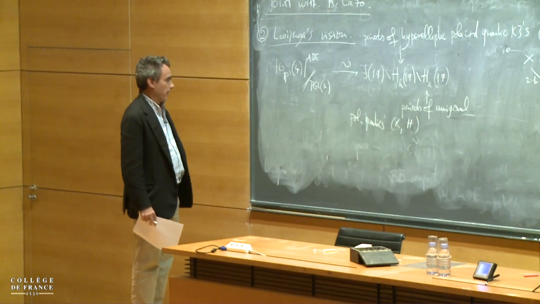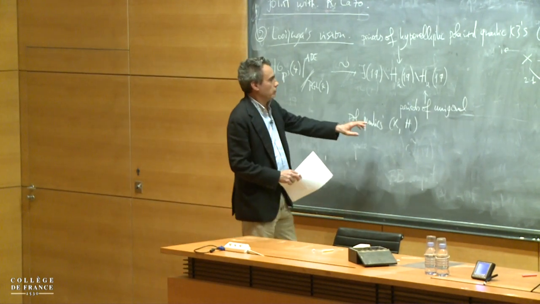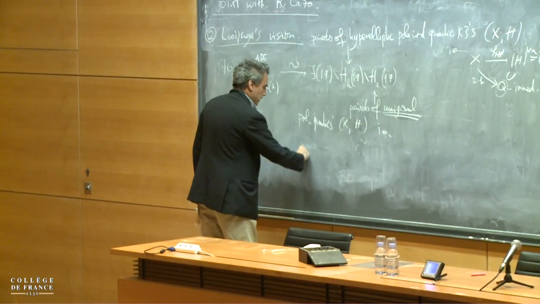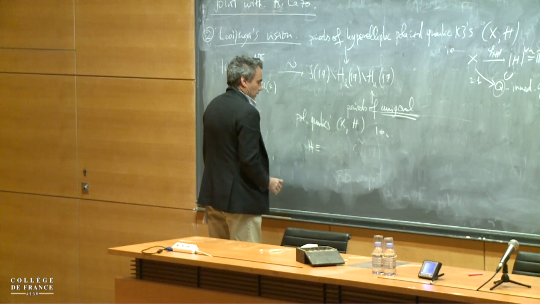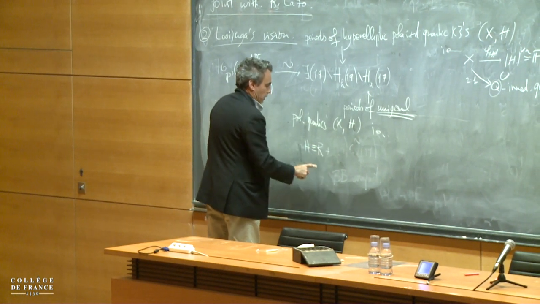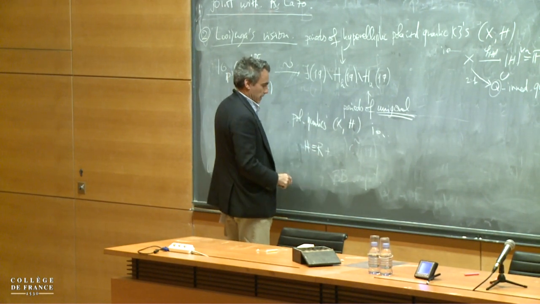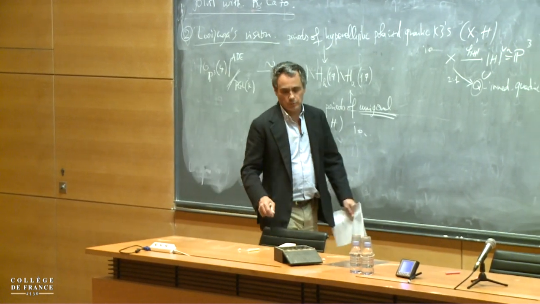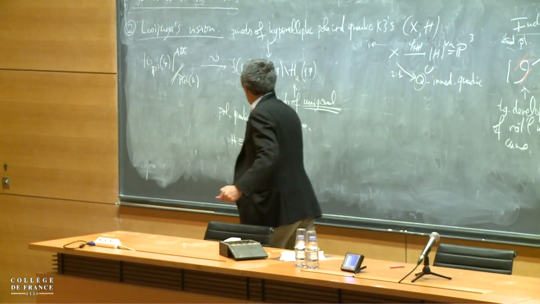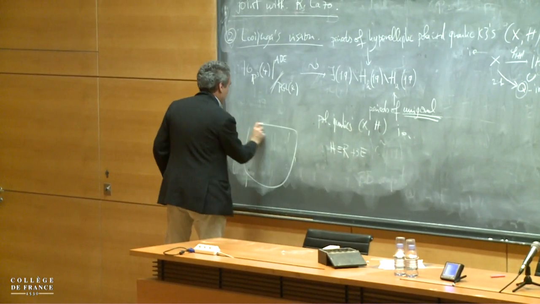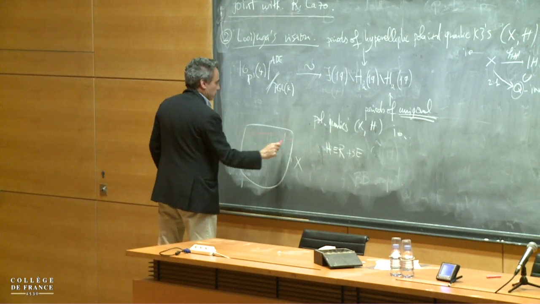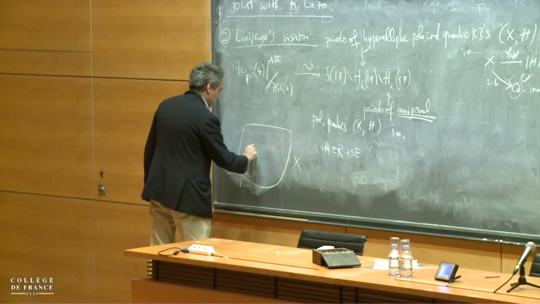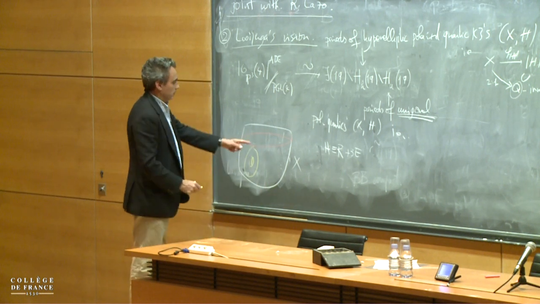And unigonal just means that the polarization is equivalent to a smooth rational curve plus 3 times an elliptic curve. So this is our S, this is our X, and we have a rational curve, and here we have our E. Okay? So this should explain everything.